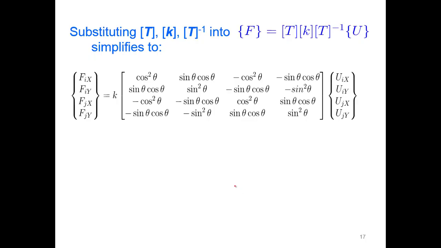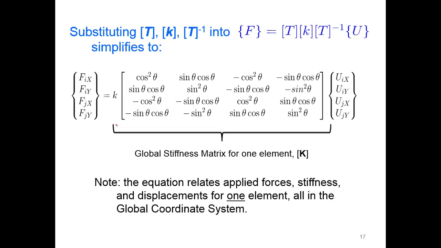We have all our global forces over here. This is just I and J, so this is just for one member. Over here we have our global displacements at the nodes on either side of our member. And what we have in the middle is our global stiffness matrix for one element. It's not the global stiffness matrix for the whole system, just for one element.